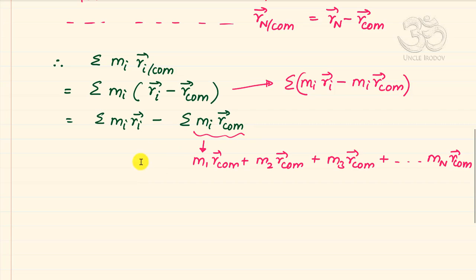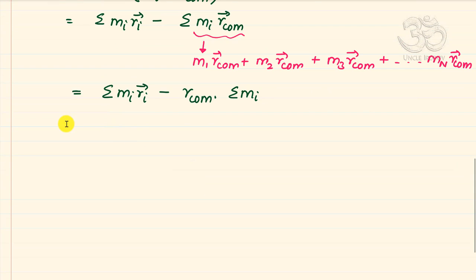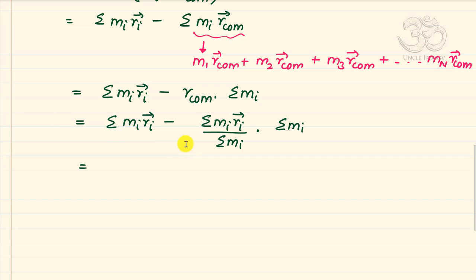So this entire expression is now going to give me summation of mi ri minus r center of mass times summation of mi. And I know what is r center of mass. We have found out the formula for the position of center of mass at the starting of this chapter, and so I have got summation of mi ri, and r center of mass is summation of mi ri divided by summation of mi, and there is a summation of mi here, and after this it is trivial to see that this entire expression is going to give you a 0.